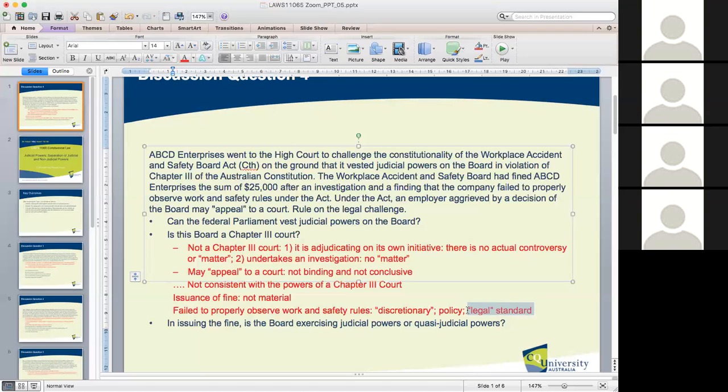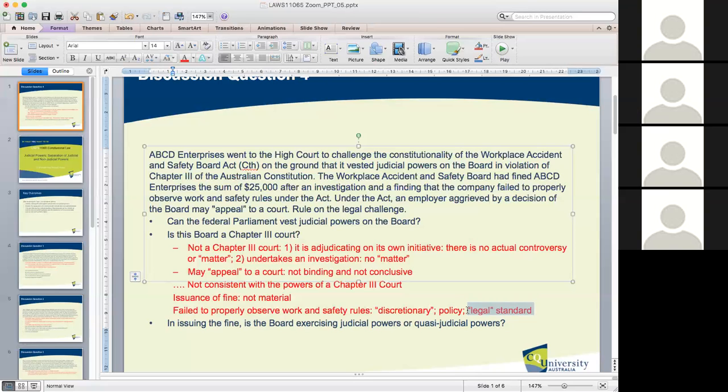And so on the basis of all these dimensions, it can initiate an investigation on its own, so there is no actual controversy. It is not for parties that come before it to apply to. The decisions of this board are subject to appeal, therefore its decisions are not binding and not conclusive.